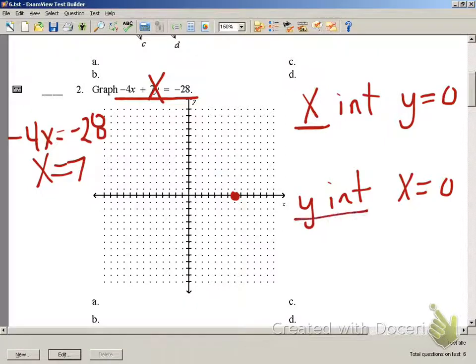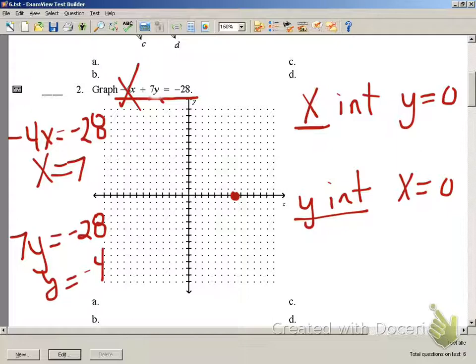And then I'm looking for my y-intercept, so I'm going to plug 0 in for x. Maybe some of you have heard this as the cover-up method. Cover up the variable that you're not looking for. If I'm looking for y, I'm going to cover up the term that has the x in it. And so now I only have 7y equal to negative 28. So y equals negative 4.